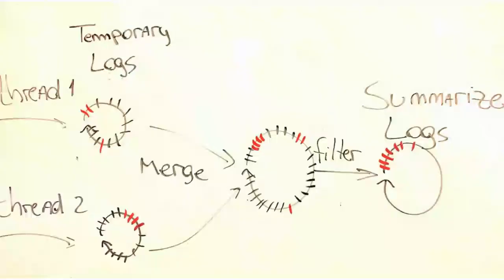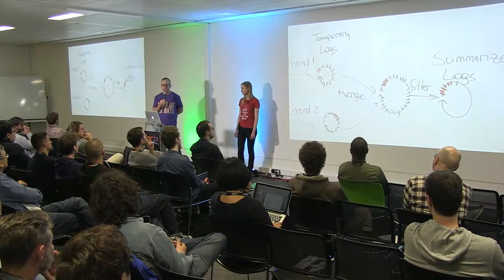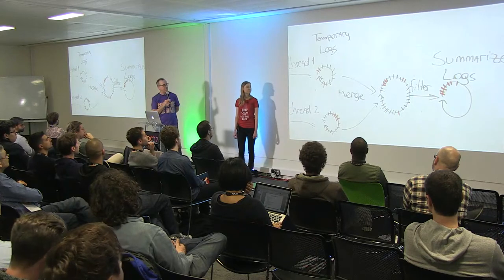So, with all these logs, the question is, what do we do with them? How do we process them? Circular buffers, as I've described, only work well with a single producer, a single writer. So we put each log into a separate circular buffer per thread.